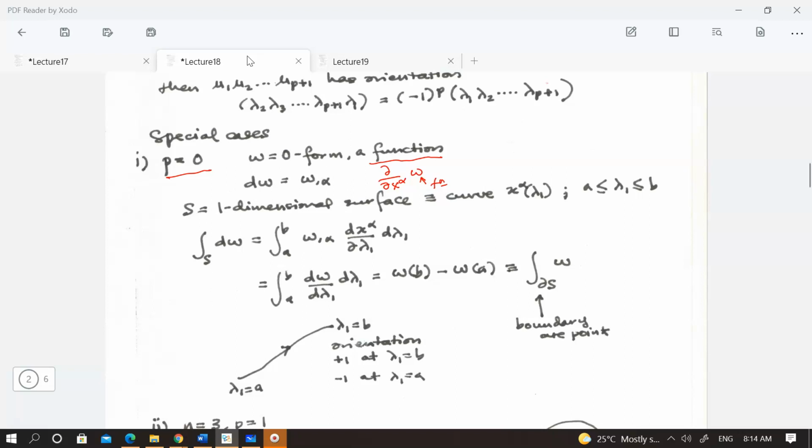If I want to be more careful, remember that this is not quite correct here. There are no indices here, so there should be a dx alpha. So that is going to be the sum.